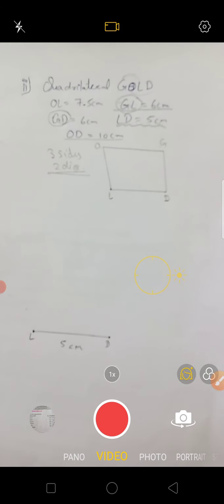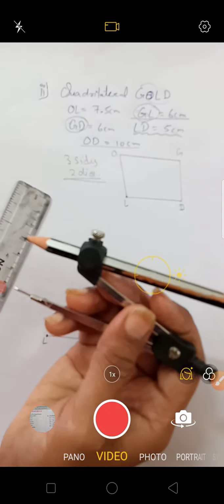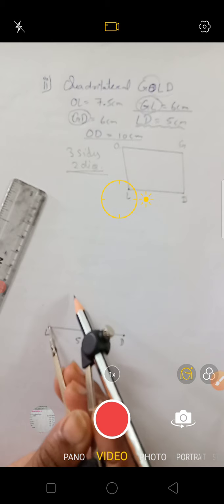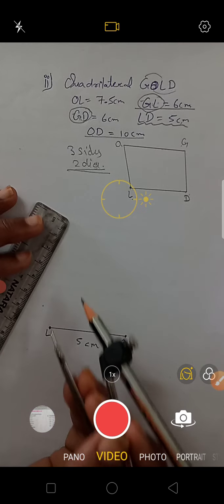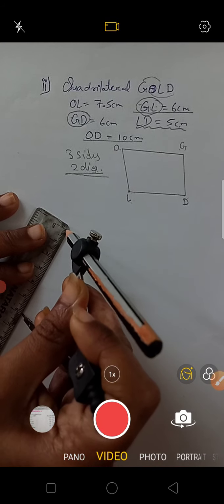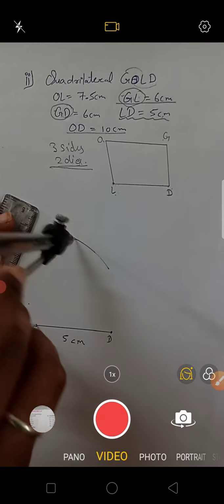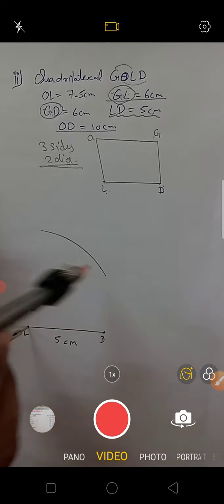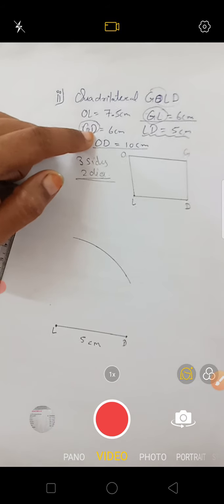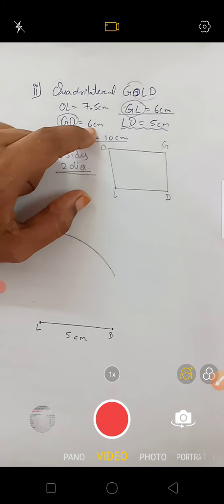Using compasses and ruler, we plot L as center and 6 centimeter of radius. We draw the arc of 6 centimeter radius above the given line segment. Similarly, for plotting G, with D as center, the measurement is also 6 centimeter.